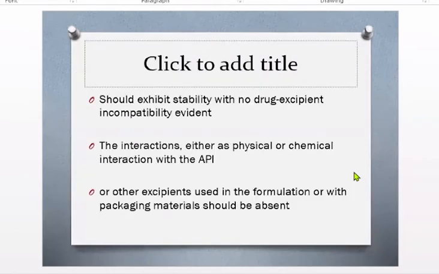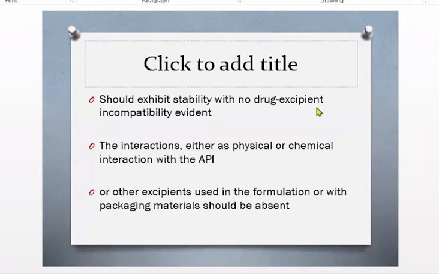Secondly, it should exhibit stability with no drug excipient compatibility. So if you choose an excipient that is not exhibiting stability, the entire product that you are going to make will have compromised stability.